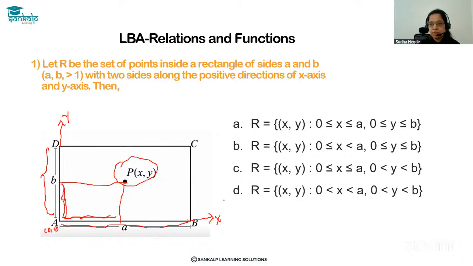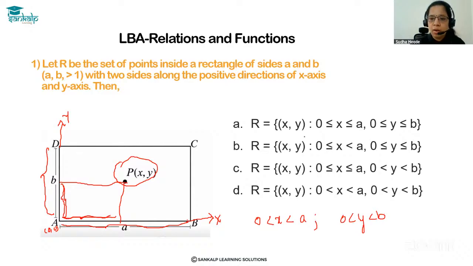Therefore, the x coordinate satisfies 0 less than x less than a. Similarly, the y coordinate satisfies 0 less than y less than b.